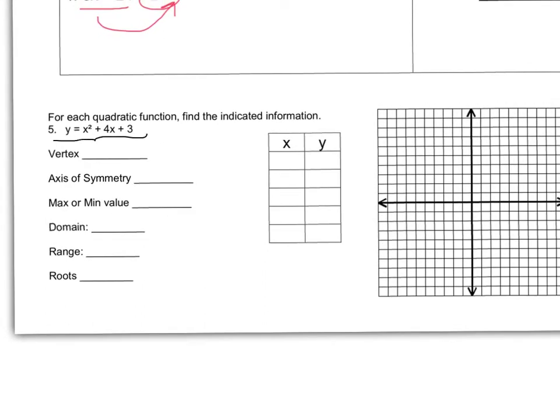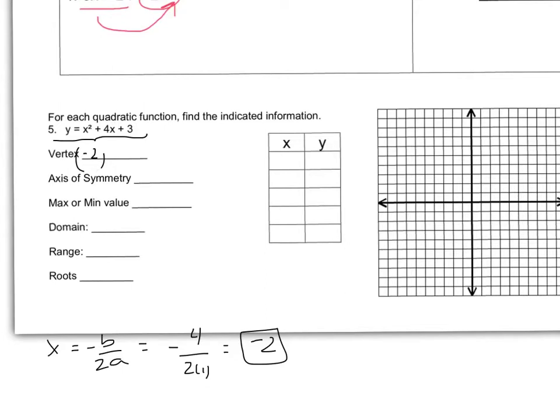If you want to find the vertex, remember x equals negative b over 2a when it's in standard form. a is 1, b is 4, c is 3. So it's going to be negative 4 over 2 times 1, so basically it's negative 2. This is going to be the vertex. It's negative 2. To get the y, you plug it in.